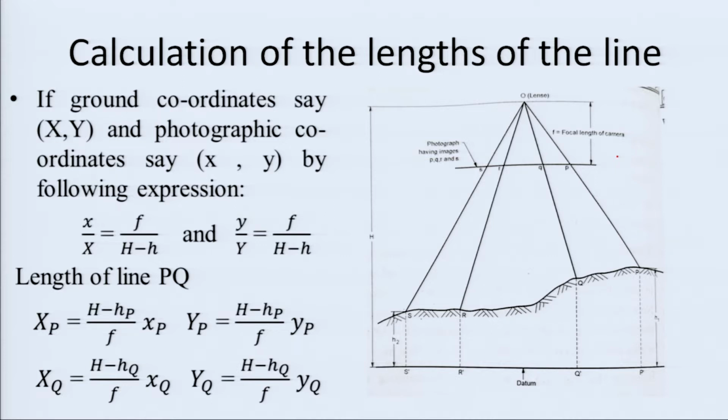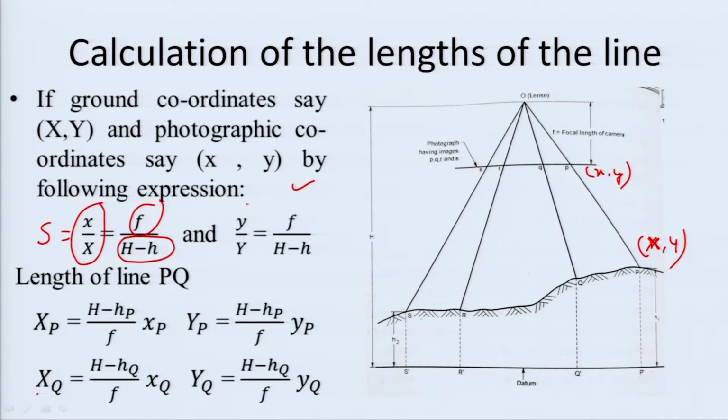For example, if the ground coordinates are capital X comma capital Y, and the photographic coordinates are small x comma small y at point P, then in order to find the length of a line, we can use this expression: small x upon capital X is equal to the scale, which is f upon capital H minus small h.